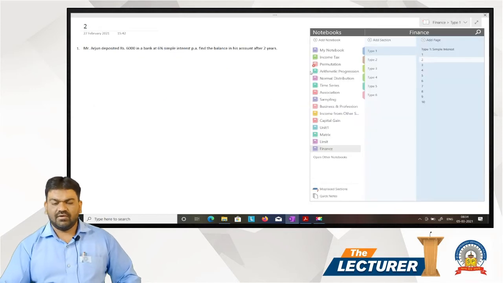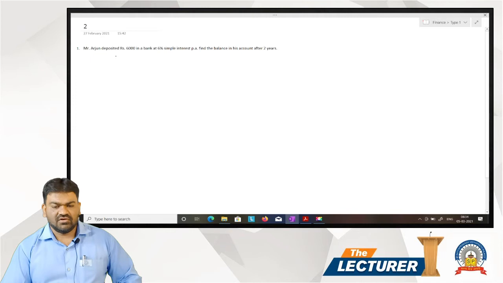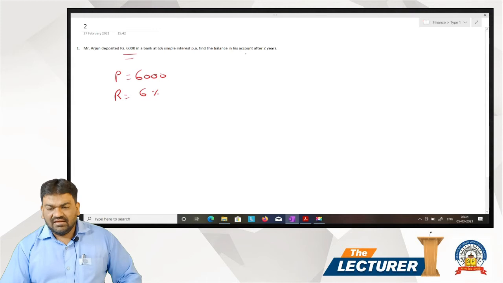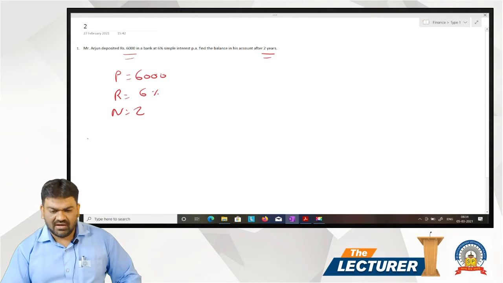Next, example number 2. Mr. Arjun deposited rupees 6,000. P is equal to 6,000 in a bank at a 6% simple interest rate. Rate of interest is 6%. Find balance in his account after 2 years. So N is equal to 2 years. Total balance we have to find out, that is principal plus interest.